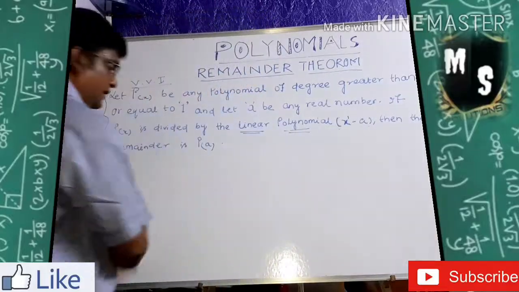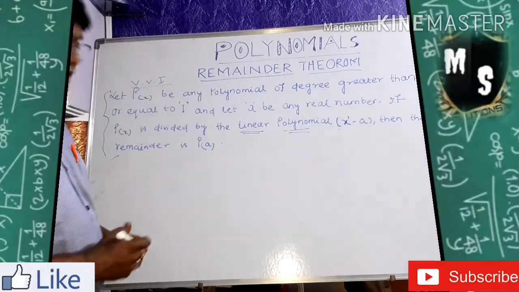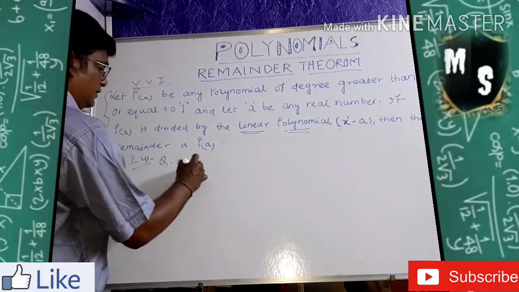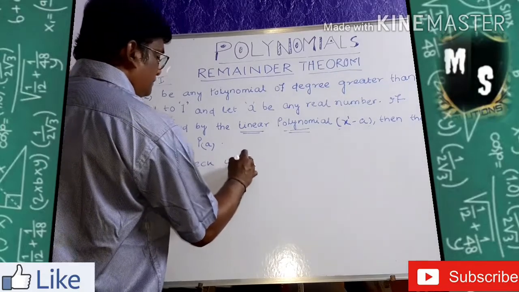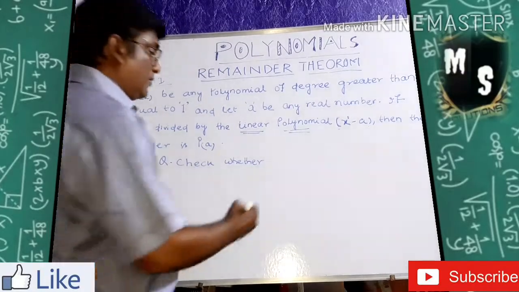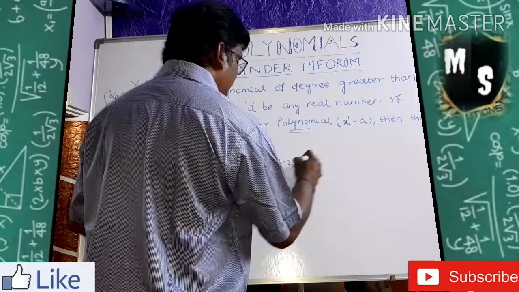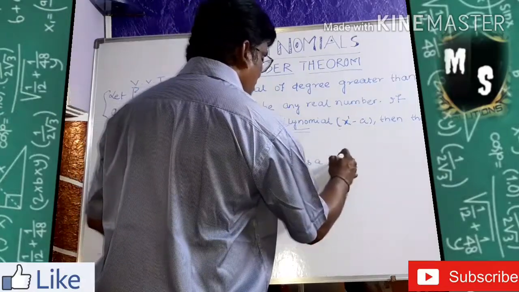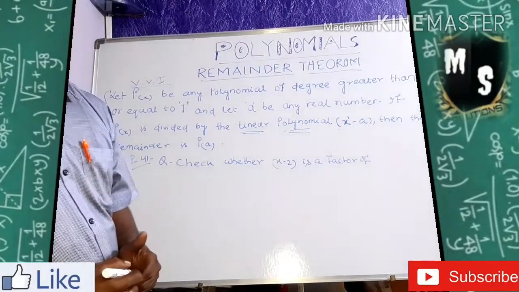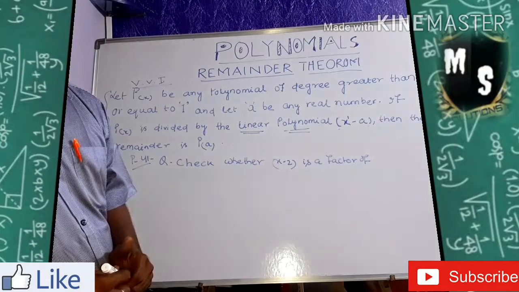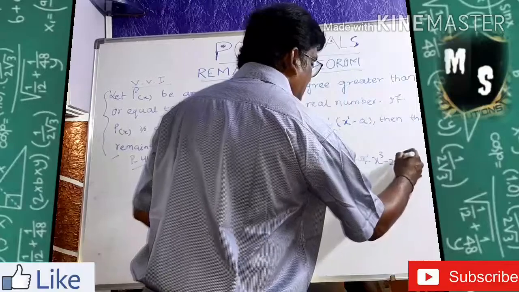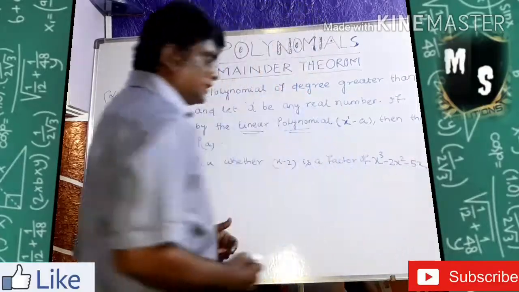Look at it. This type of questions will come to you. Check whether x minus 2 is a factor of the given polynomial, x cube minus 2x square minus 5x, I think it is plus 4.